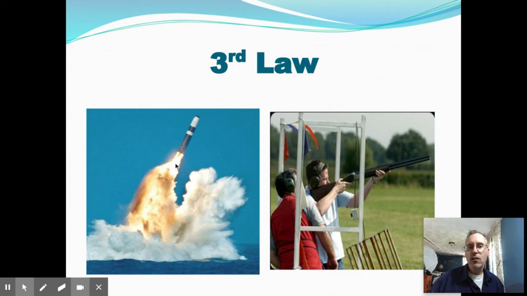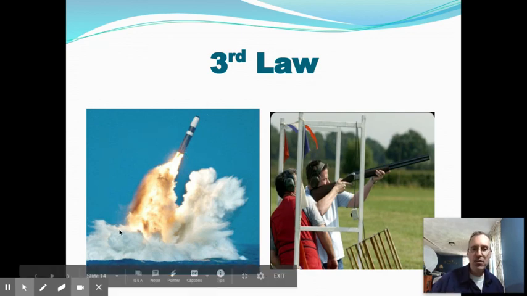So what happens is it gets thrust out the back. These hot gases get thrust out the back, but they react against the body of the missile. And so the gases go one way, action, the missile gets forced the other way, reaction. And so that's a good example of the third law. Action, reaction. So there you have that.